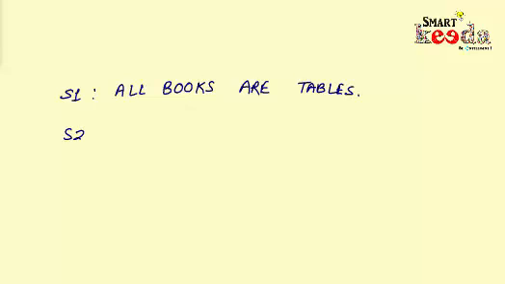Now let's take another set of statements. Statement 1 is all books are tables, and statement 2 is some tables are goods. Now against these statements three conclusions are given.